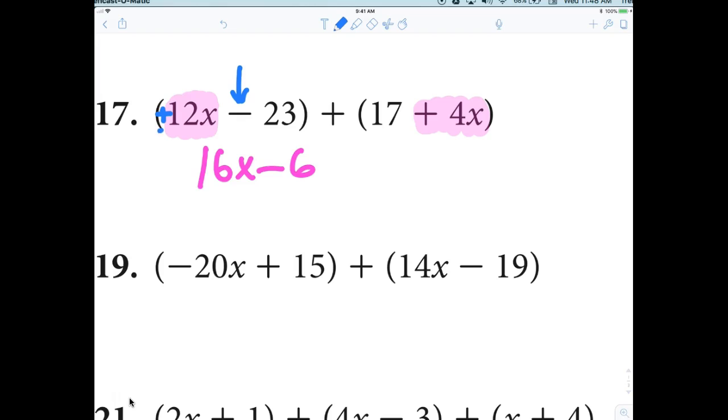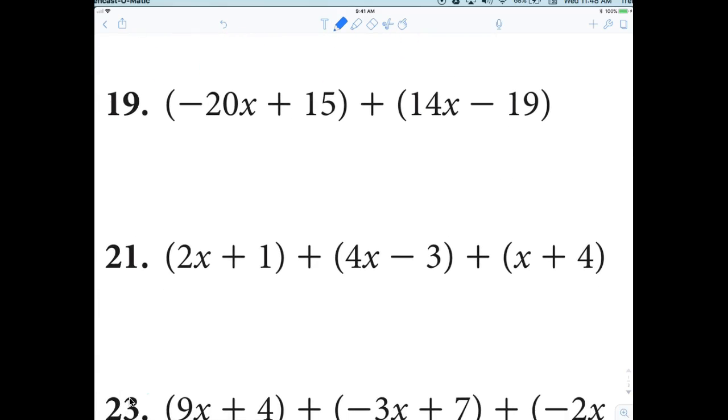So the 12 is what? Positive. And the 4 is what? The 23 is negative. And the 17 is, now you understand, right? Very important. All right, let's do 19. Ava, I think you're up, right? Yeah. 19.